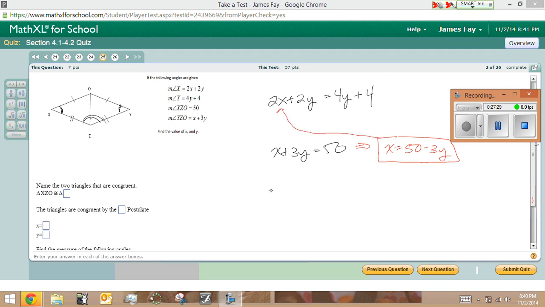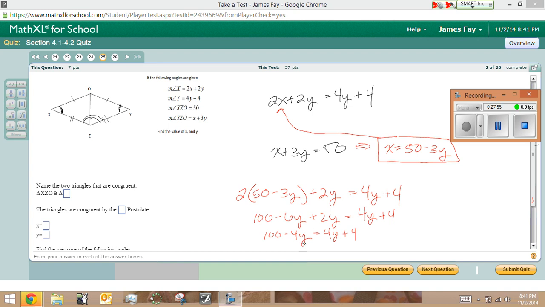So it becomes 50 minus 3y plus 2y equals 4y plus 4. So we get 100 minus 6y plus 2y equals 4y plus 4. This is 100 minus 4y equals 4y plus 4.